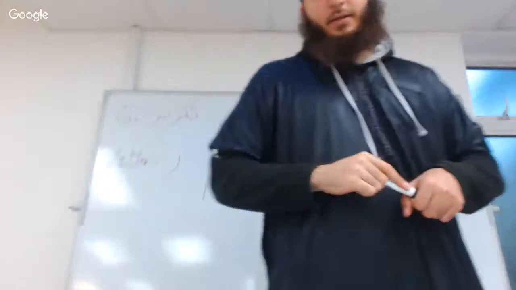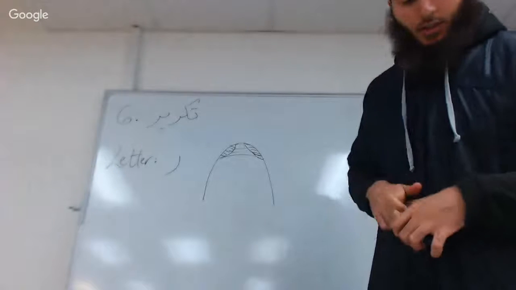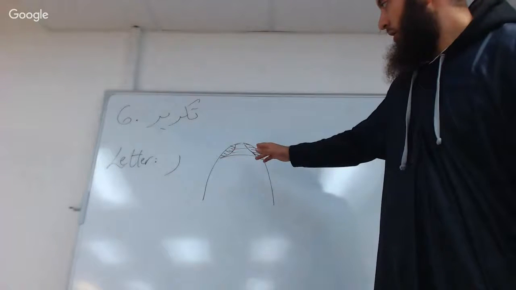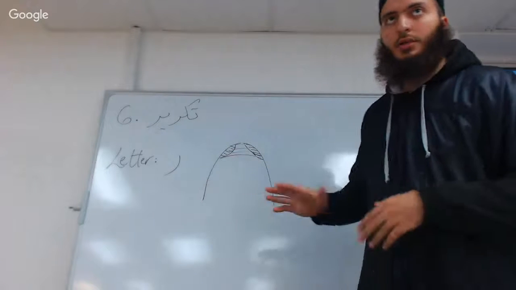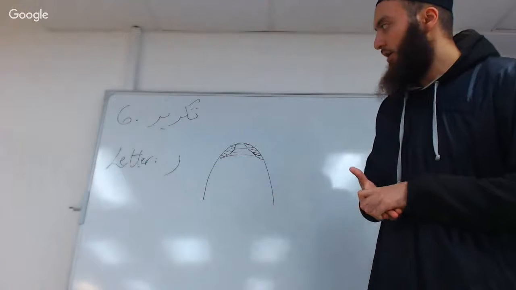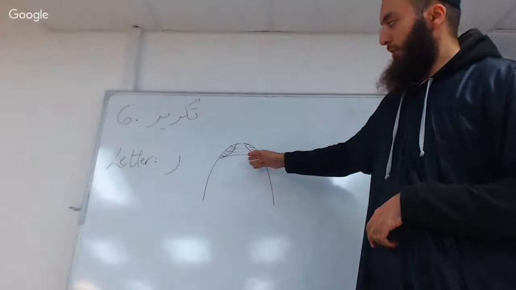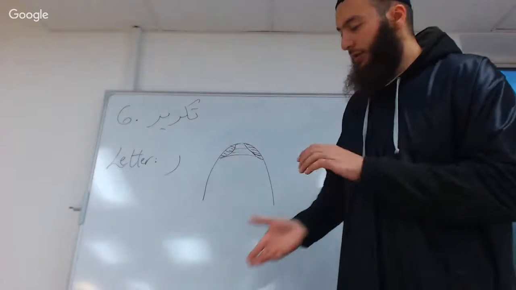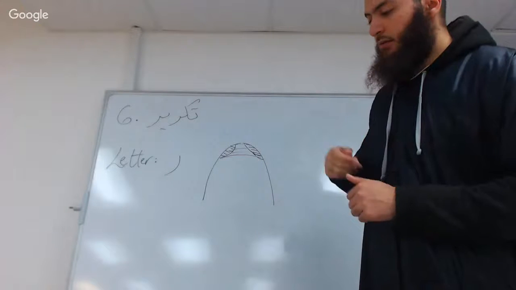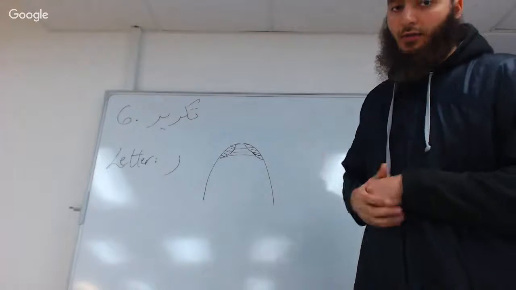So hopefully that's clear, and it's incredibly closely related to the makhraj, because if your makhraj is correct, you shouldn't be falling into this characteristic. If it is incorrect, whereby all of the tip of the tongue is in contact with the makhraj, then you will be forced to have tikrar or takreer.